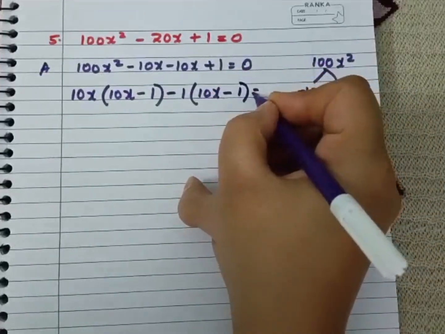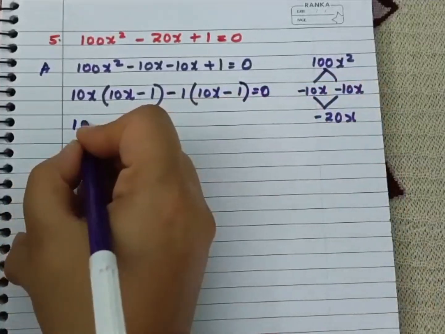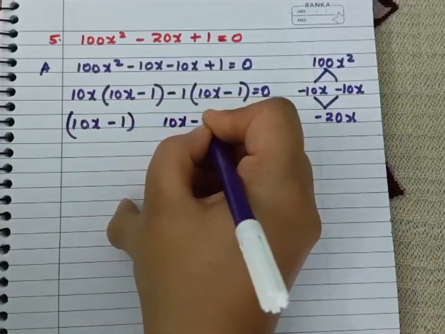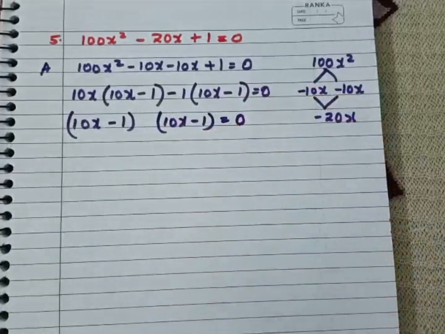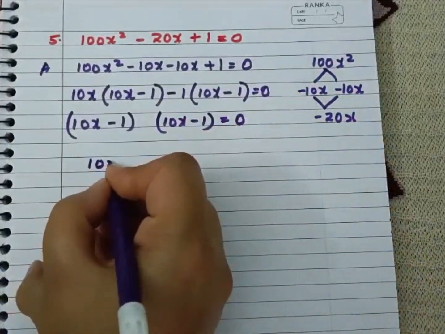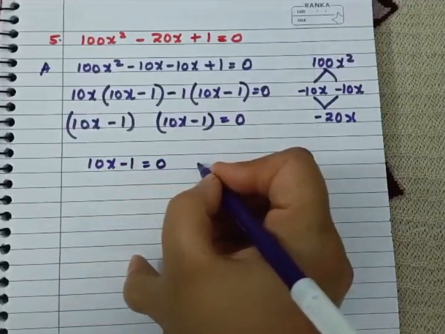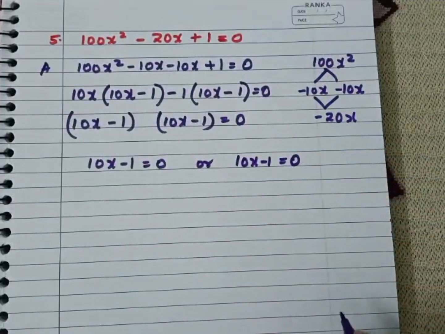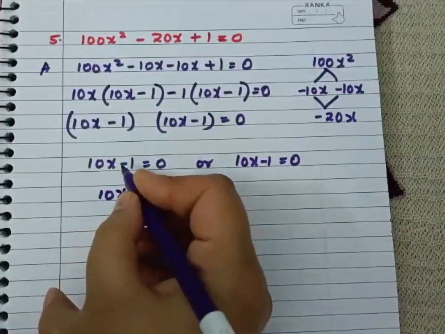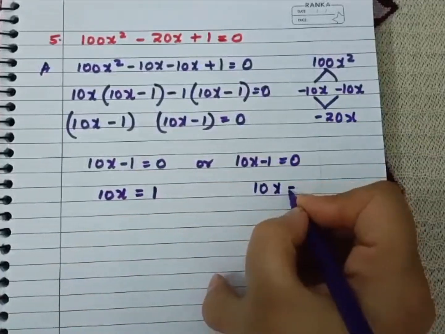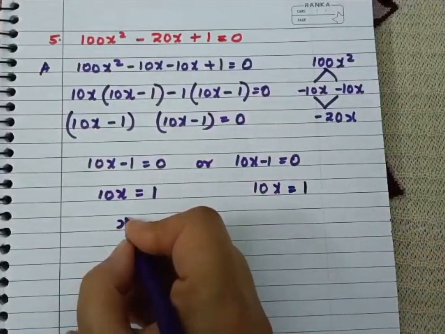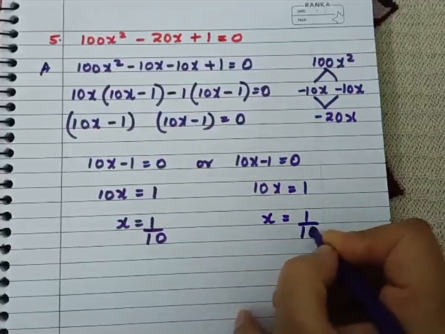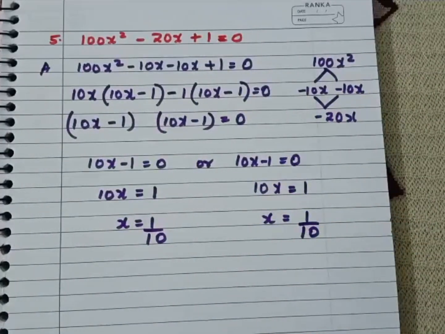Now 1 into 1 is 1. Now 10x minus 1 and 1 more is 10x minus 1 is equal to 0. So it becomes 10x minus 1 equal to 0. 10x is equal to minus 1 changes to plus 1. So x is equal to 1, this 10 becomes by 10. X is equal to 1 by 10.